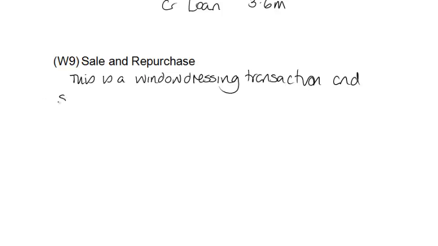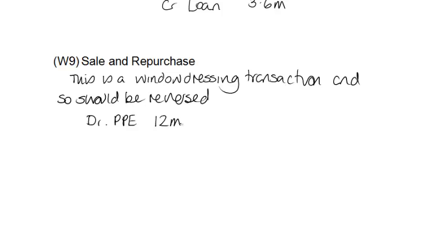And so it should be reversed. So it says the carrying amount of the asset was 12 million, so I'm going to debit PPE 12 million. We received 16 million from the third party.